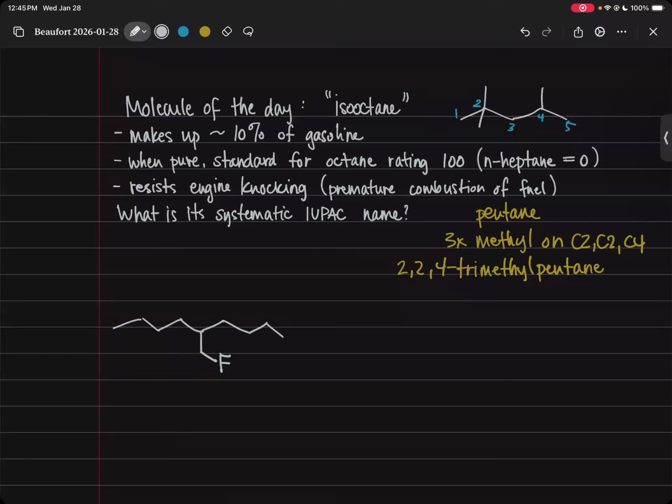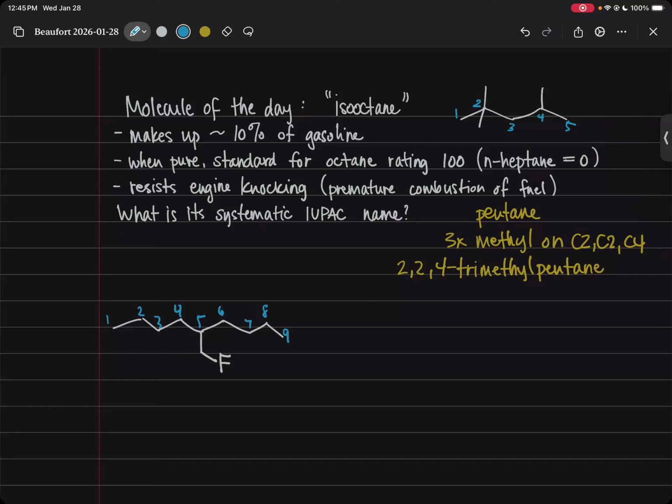Your instinct is probably going to be to look at that horizontal chain because that's the longest continuous chain of carbons, and that's what I told you to use for the parent chain. If we do that, we would have something like 1, 2, and do this in pencil because I'm going to erase it in a second.